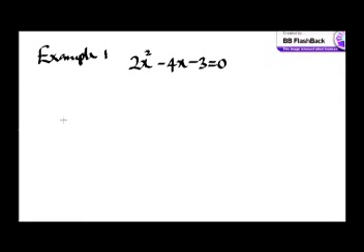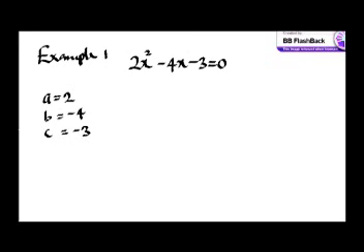The quadratic equation is already expressed in the standard form. So a here is equal to 2, b here is equal to minus 4, c here is equal to minus 3. Take note that whatever value you take, the sign should be taken along, and the sign is what precedes the value.